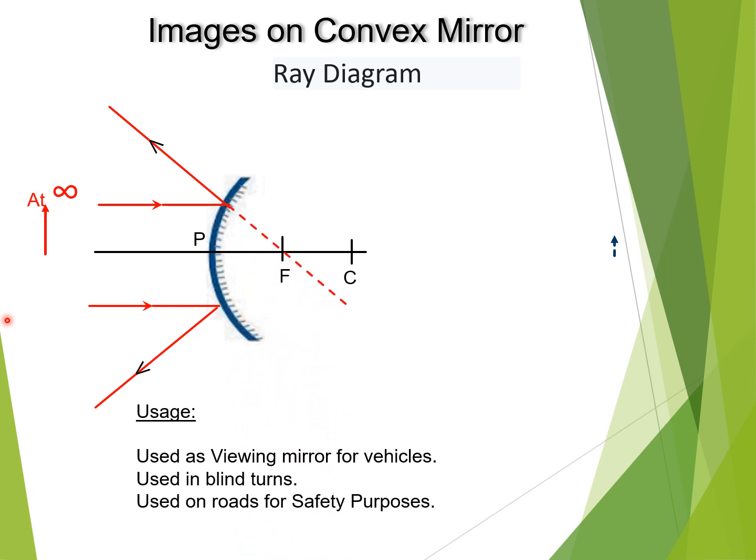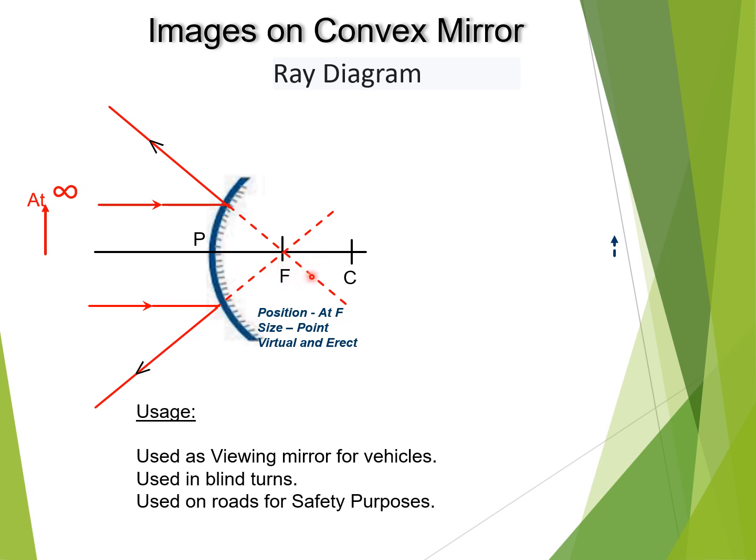Let us extend both the incident rays. So if we extend this incident ray, then it shall be appearing to be passing through the focus. Similarly, this incident ray also appearing to be passing through focus. So they are appearing to be meeting at focus of convex mirror.